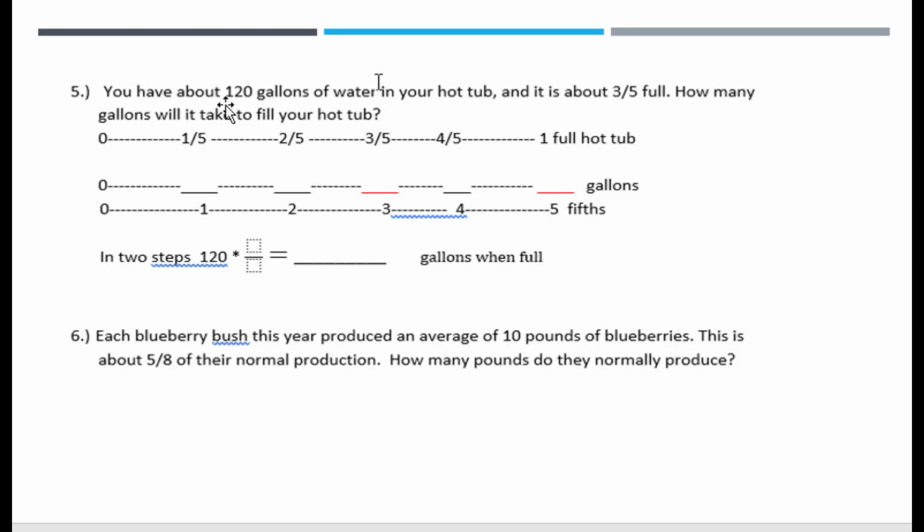You have 120 gallons of water in your hot tub, and it's 3/5 full. How many gallons will it take to fill your hot tub? Now here is a number line for hot tubs, gallons, and fifths, because they are what is in the problem. So 3/5 is 120 gallons.